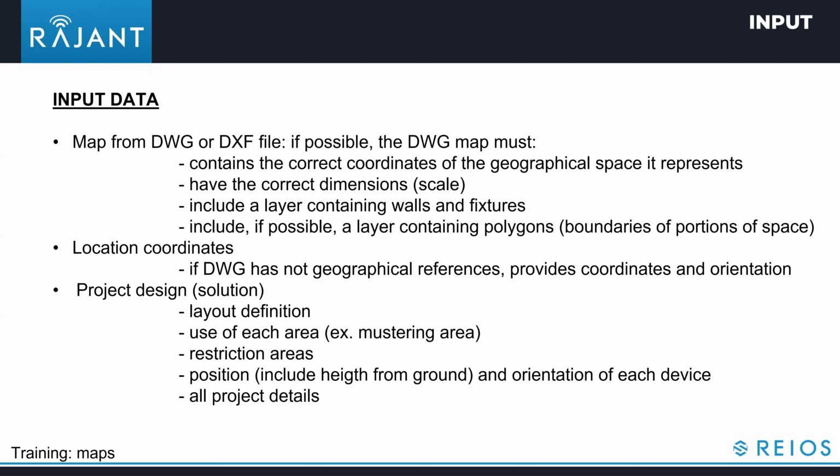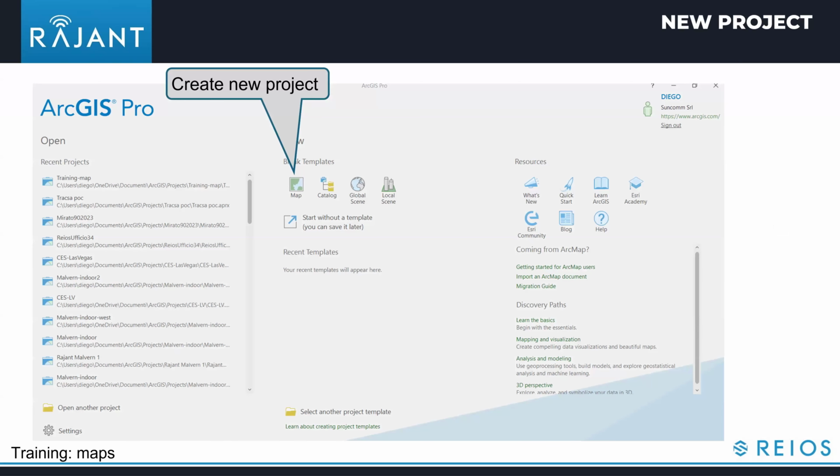Define restriction areas or areas where it is forbidden to move. Define the position and the orientation of each device that will be put inside. Starting from these requirements, we can have a look at how to create the map.